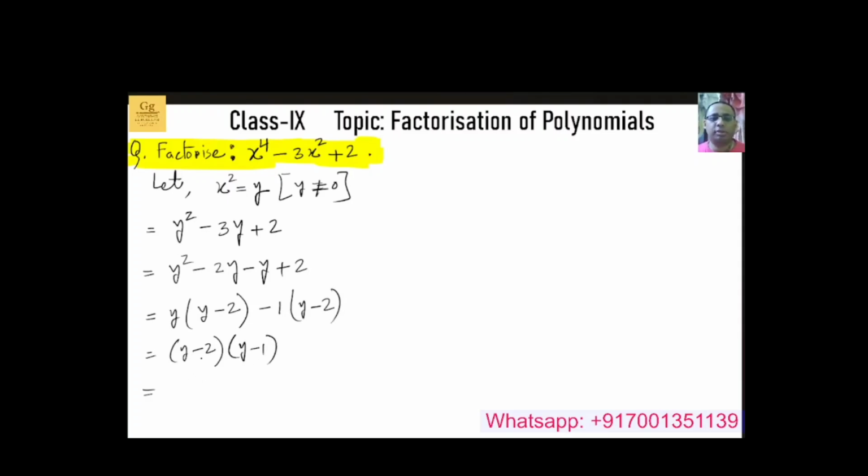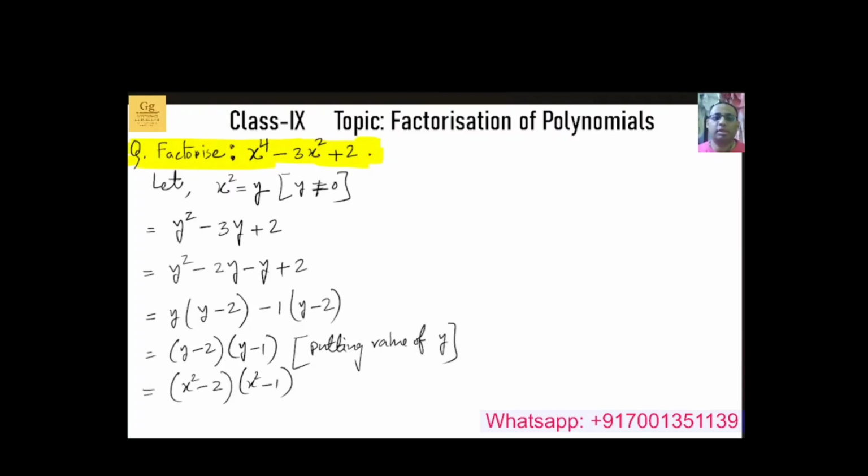Now if we put the value of y here, x square minus 2 and x square minus 1. You have to write one statement, putting value of y.